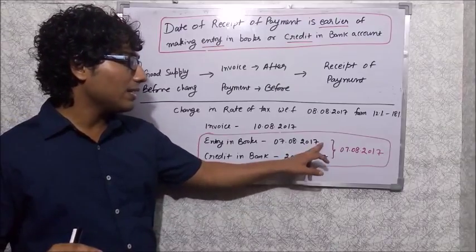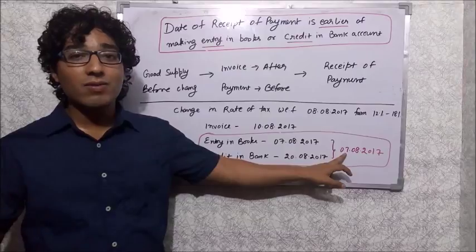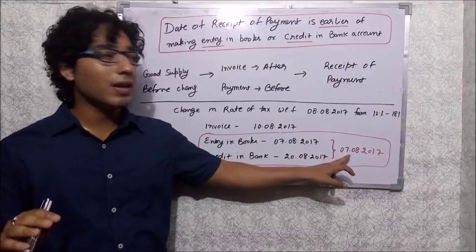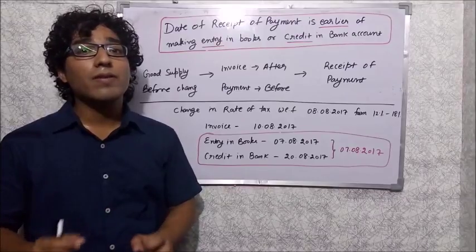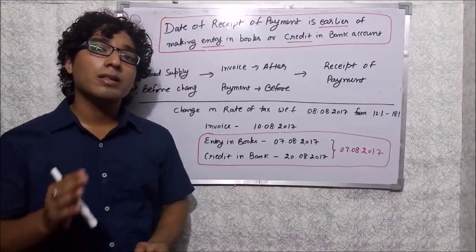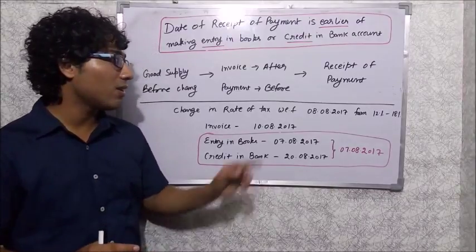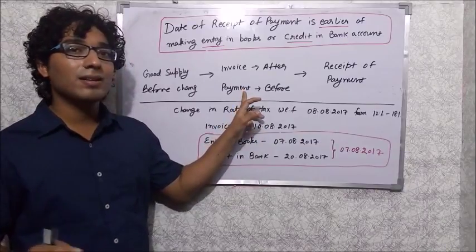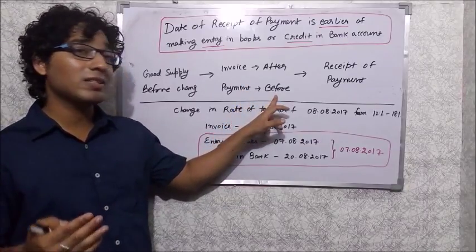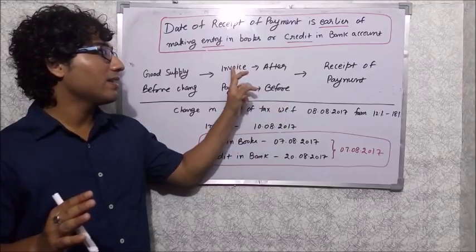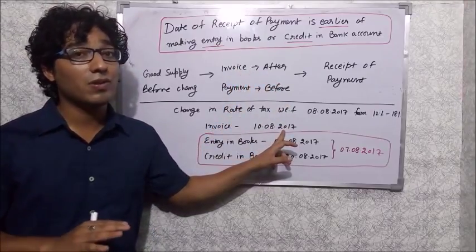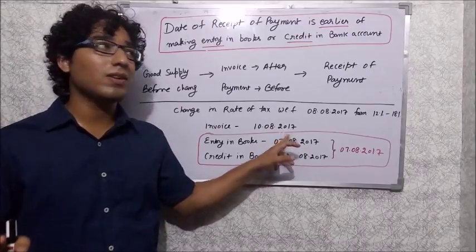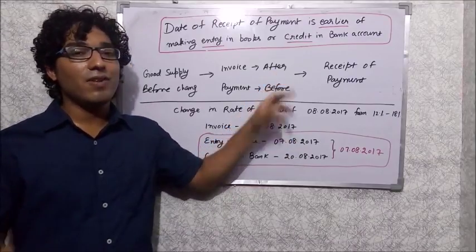So the earlier event is 7th August 2017, and 7th August 2017 is before the change in effective rate of tax. Now the situation is that the payment was received before the change in effective rate of tax, and the date of issue of invoice is after, because the date of issue of invoice was 10th August 2017, which is after the change in effective rate of tax.